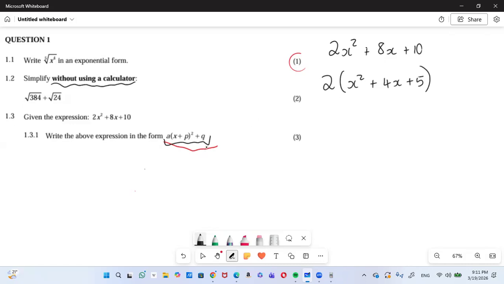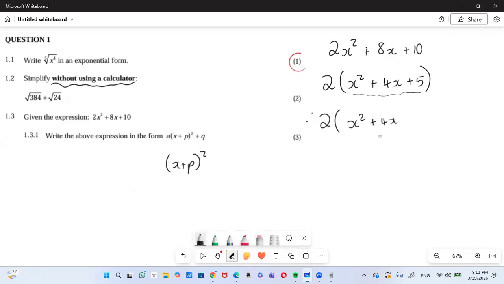So we still need to break this thing down. So now how do we break it down? We also need to factorize this thing in here. So now we're going to have 2, then we have x squared plus 4x. But now remember, guys, we have this thing here. And that's another thing that we need to remember. We have x plus p squared.